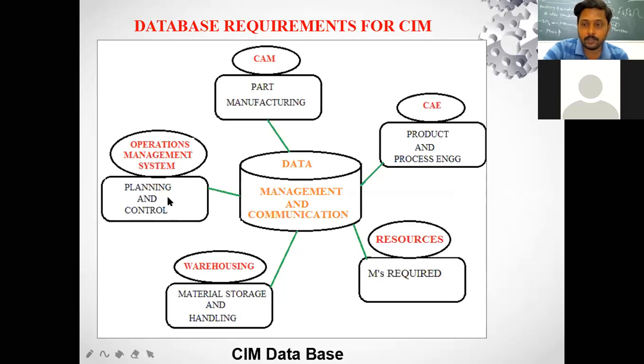Planning and control, that is production planning and production control, PPC, comes under the operation management system. Part manufacturing means computer aided manufacturing, CAM. Product and process engineering, the engineering analysis, inspection, testing that I have told, comes under CAE, computer aided engineering. So this is a diagrammatical representation for database requirements.